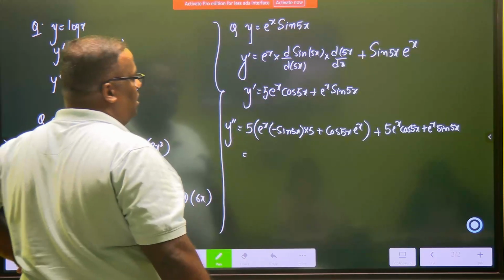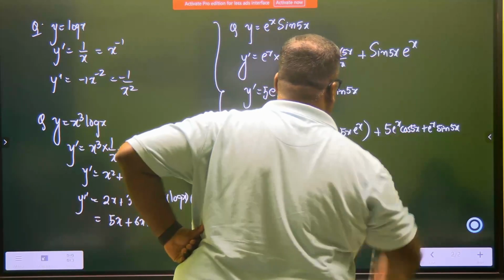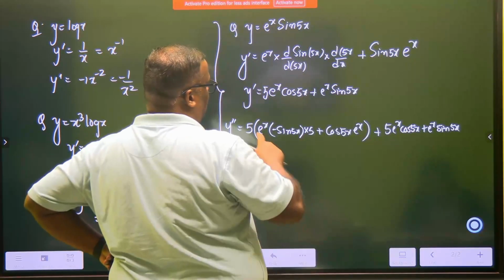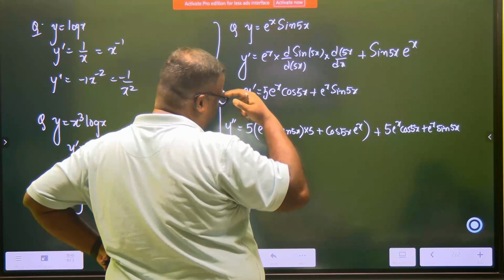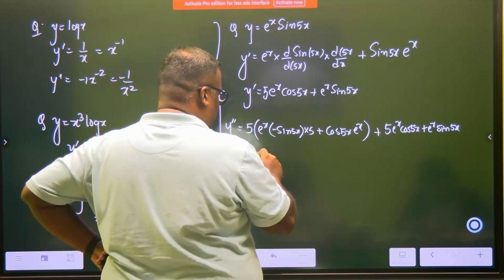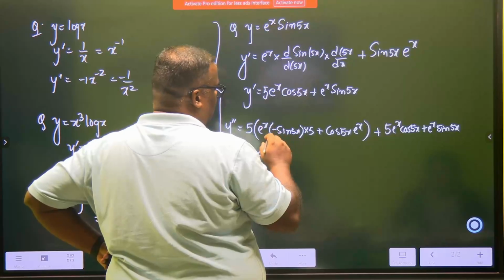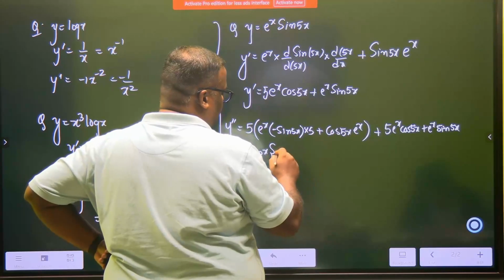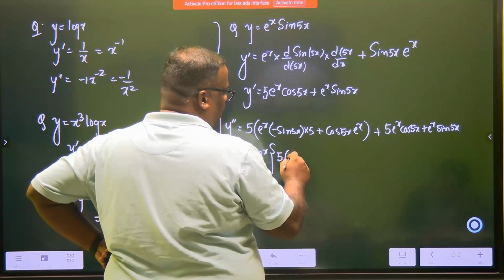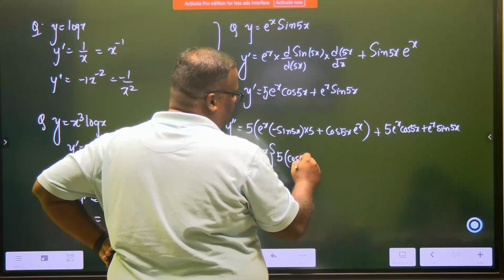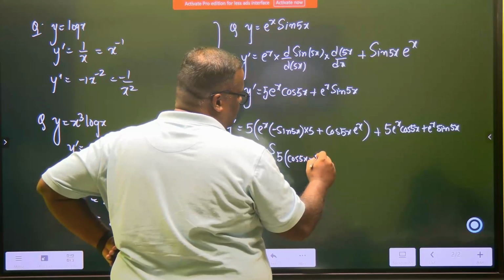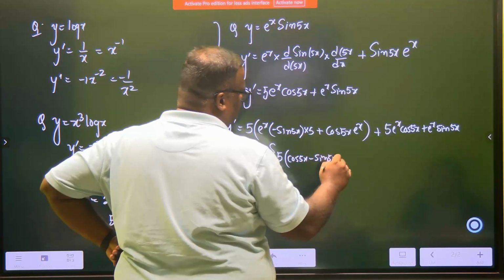All right. So you have a 5 e to the power x cos 5x. You have a 5 e to the power this. And e to the power x is in every step. So I take e to the power x common, and then I take a 5 common, I can write cos 5x minus sine 5x.